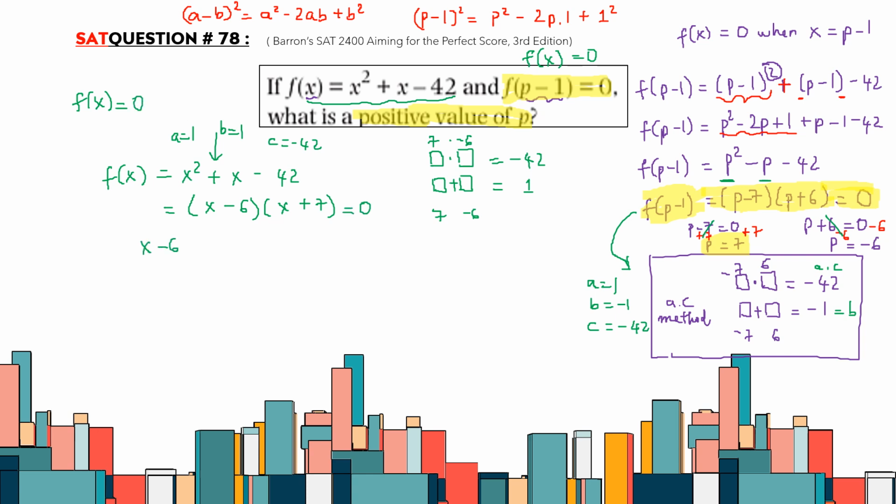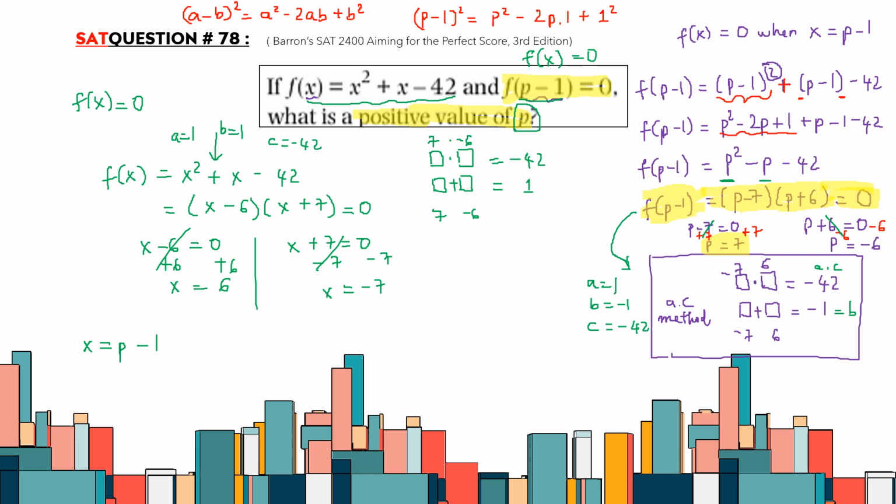We have x minus 6 equals 0 or x plus 7 equals 0. We add 6 to both sides, we have x equals 6. Then we subtract 7 from both sides, we have x equals negative 7. But that is not what we want. We want the value of p, and we know when x equals 6, f of x equals 0. So it's the same thing as when x is equal to p minus 1.